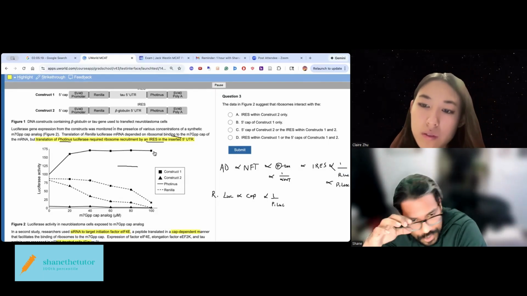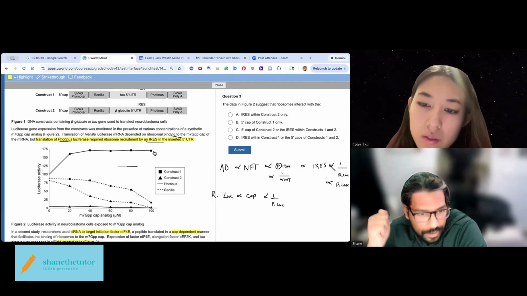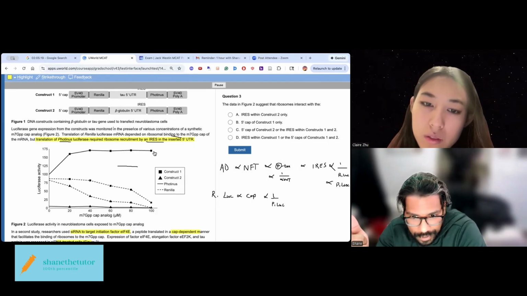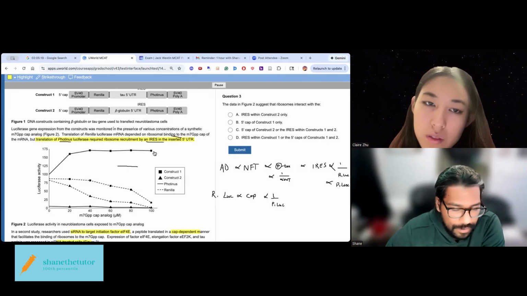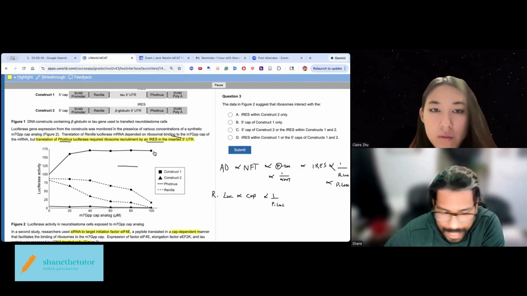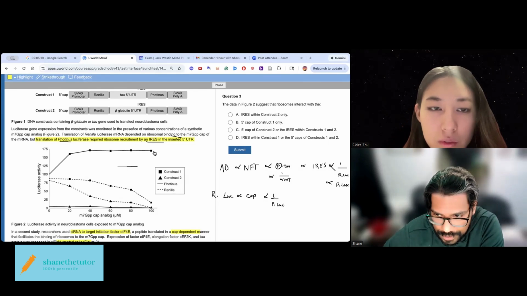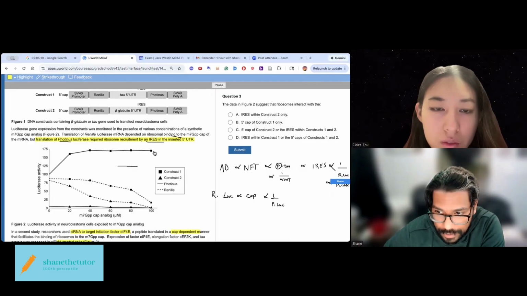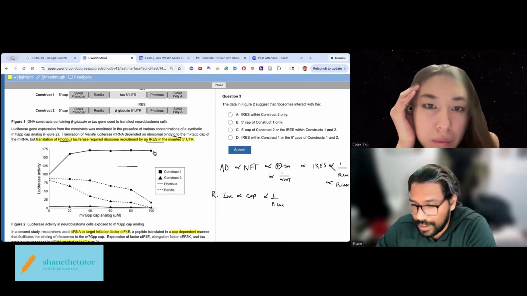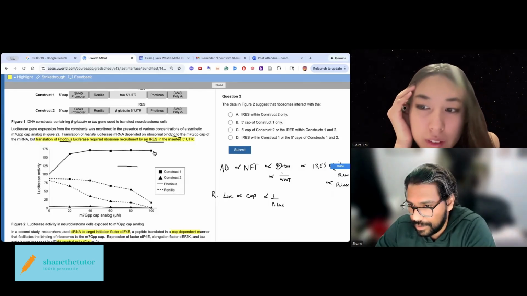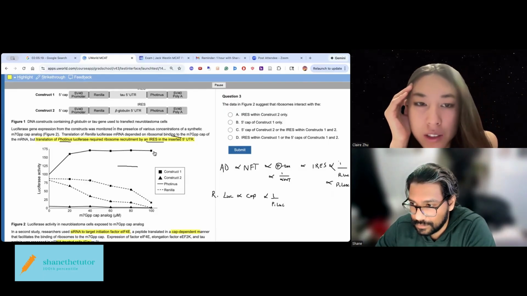So we see that construct one is the one that has the tau one, which we should expect to have the Photinus luciferase activity, but not the Renilla one, right? Based on this over here.